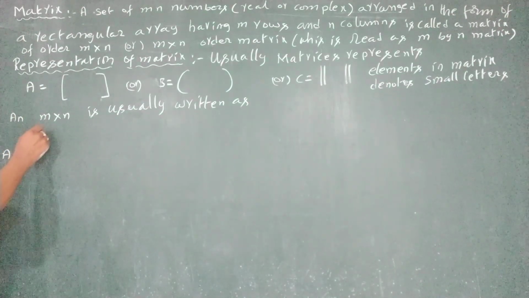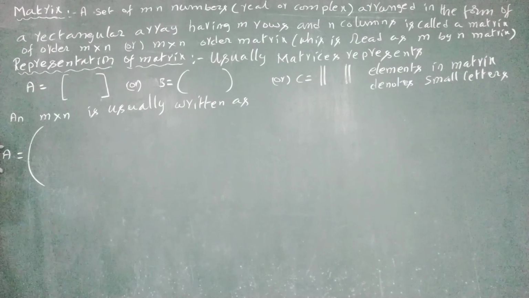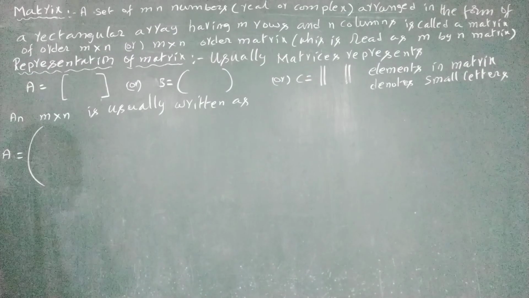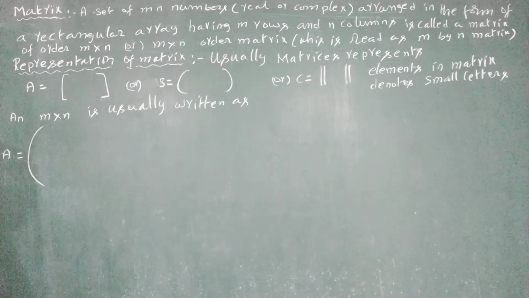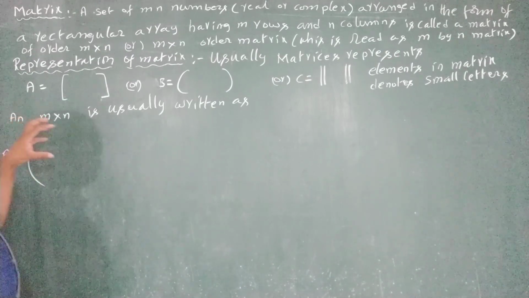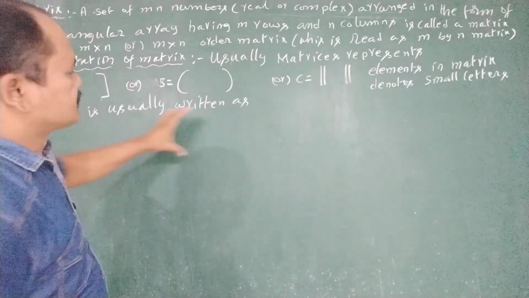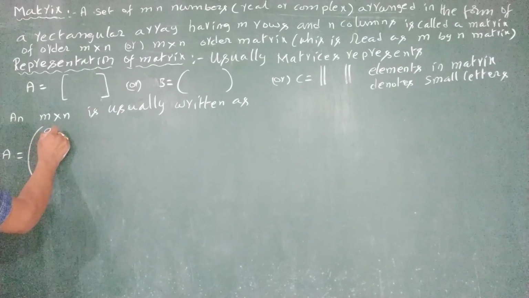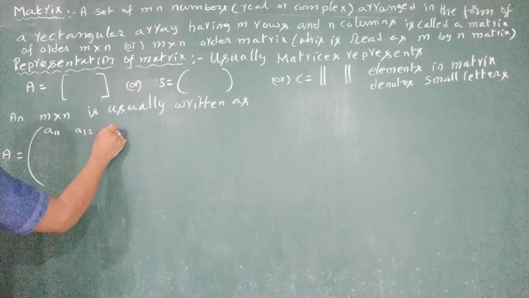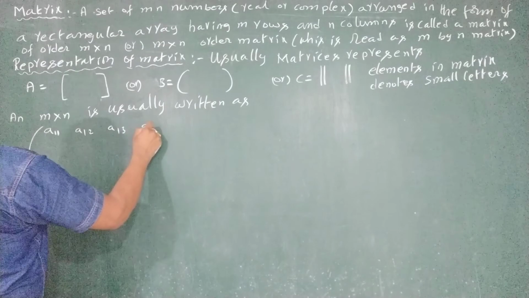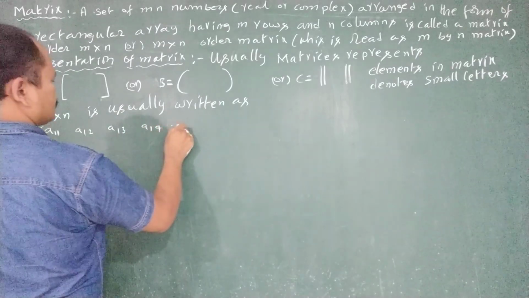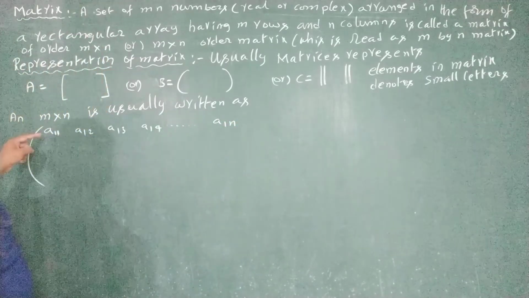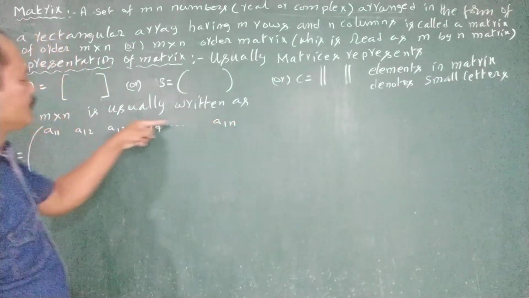This is taken as A. Since A represents the matrix, it is denoted by a capital letter. Now the elements in the matrix are small letters: a11, a12, a13, a14, and so on, up to a1n. This represents the first row.